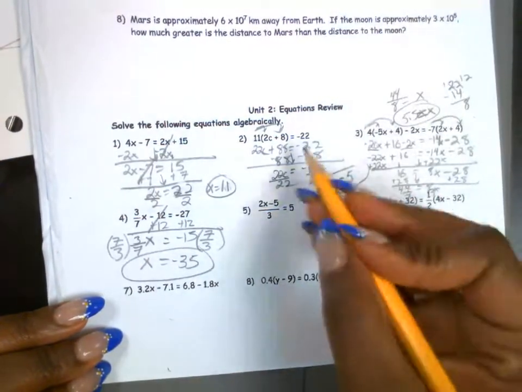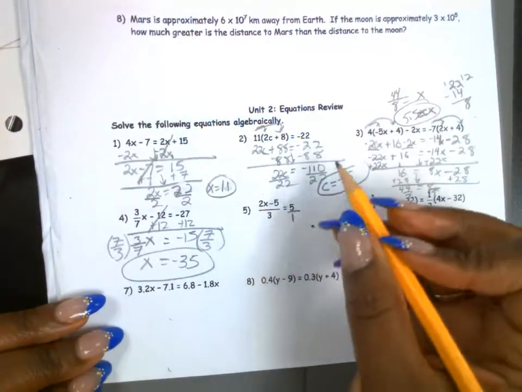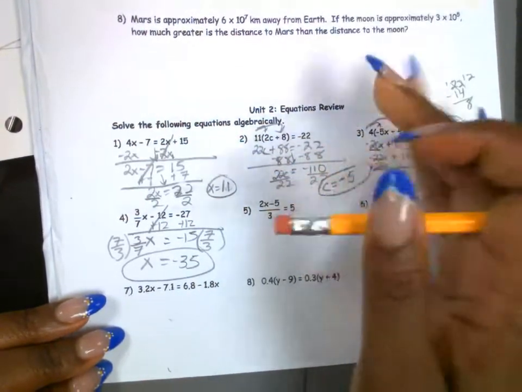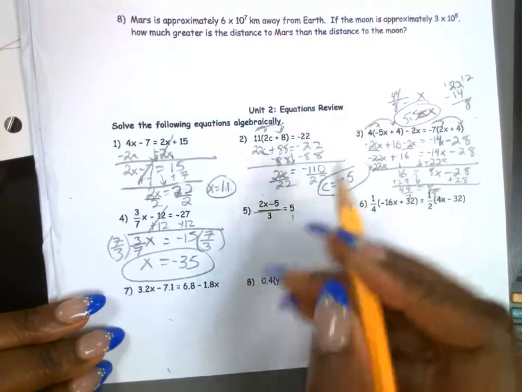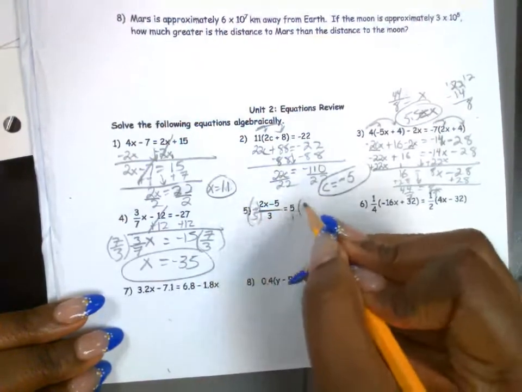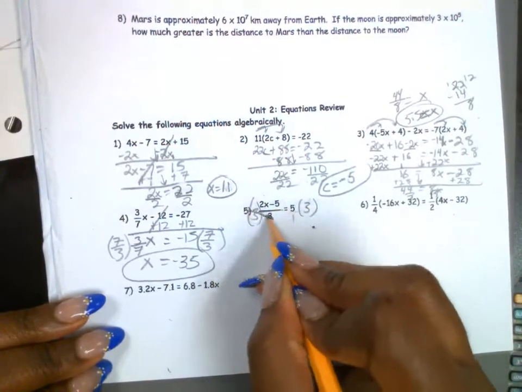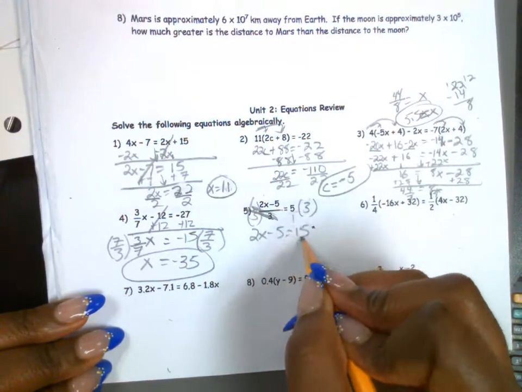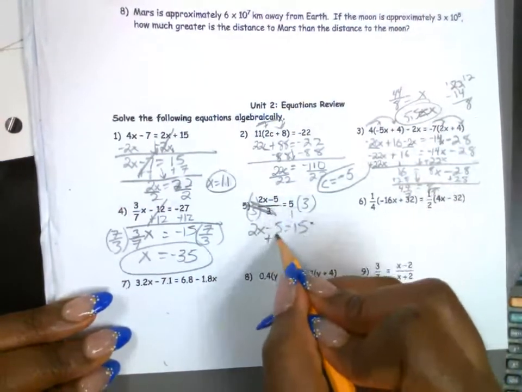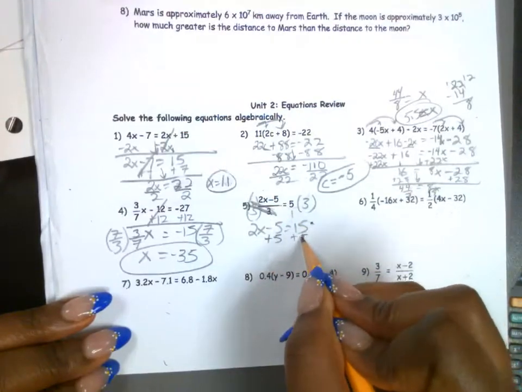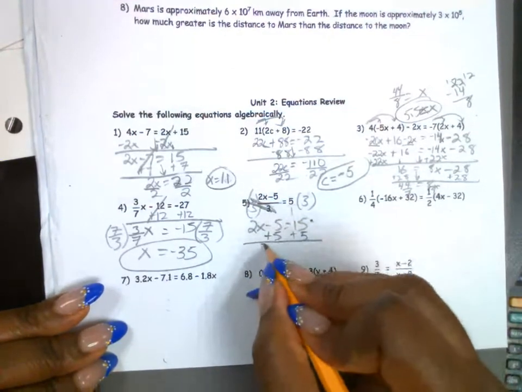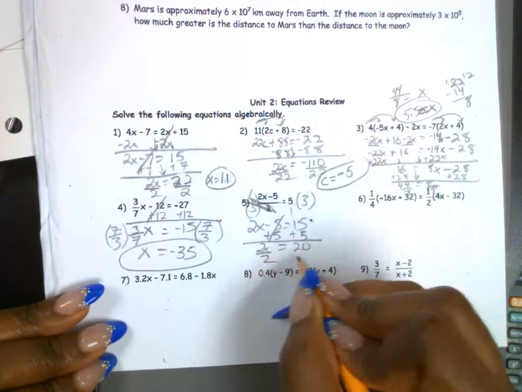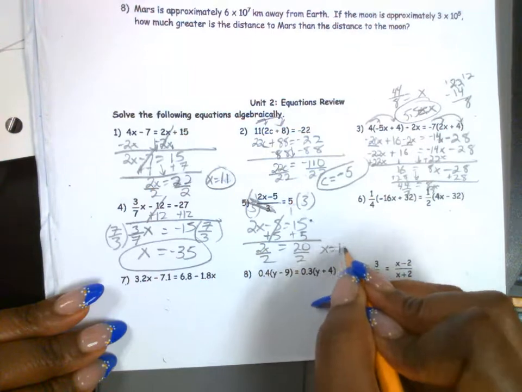Or, get rid of this right here by multiplying both sides by 3. When you multiply by 3, that cancels this out, and you're left with 2x minus 5 is equal to 15. You're going to add 5 on both sides. You get 2x is equal to 20. Divide by 2, and you get x is equal to 10.